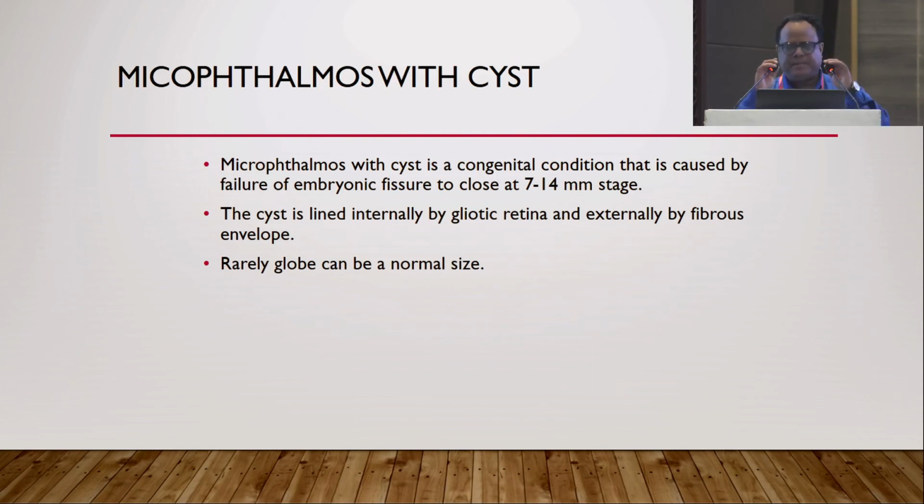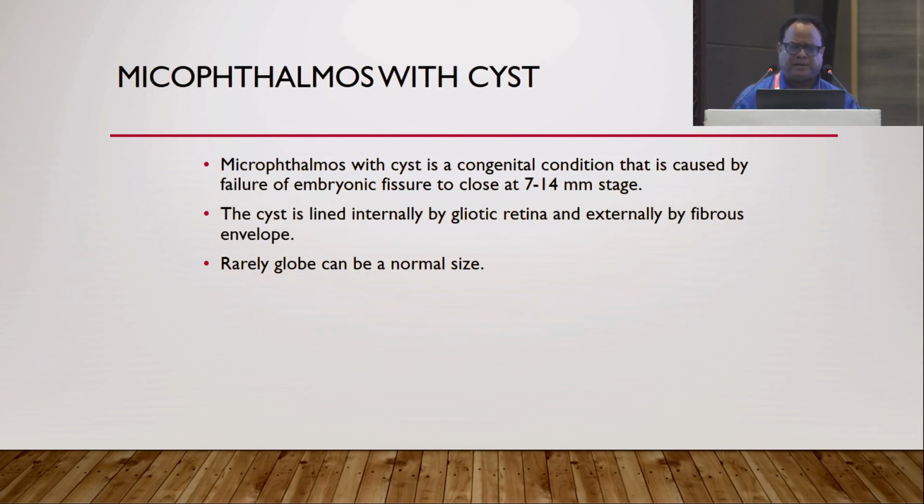As I already mentioned, it is a gift for us with a congenital anophthalmic socket associated with microphthalmos, because most of the time there is a large, moderate or even small cyst, and we can utilize that cyst as a volume expander.